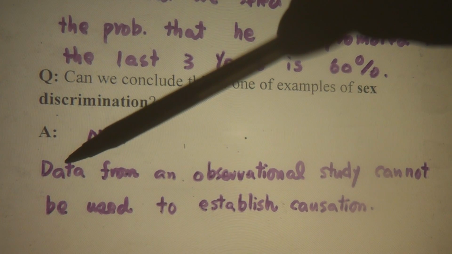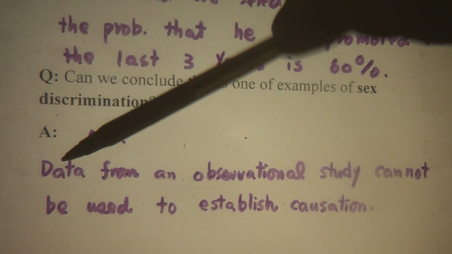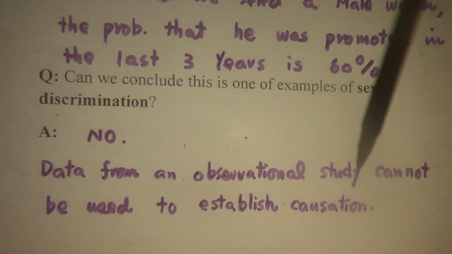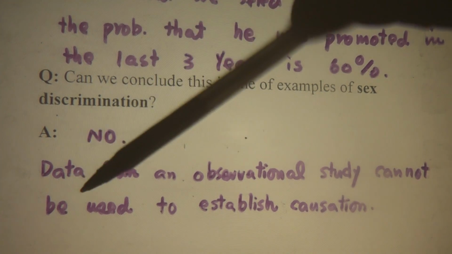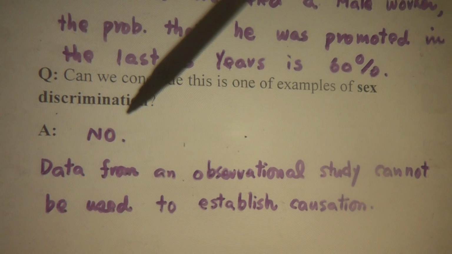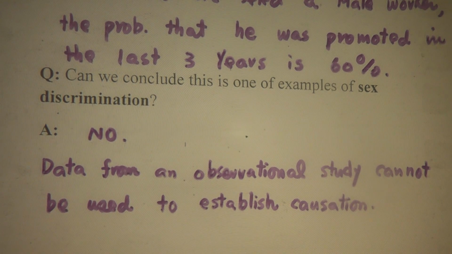The data are collected from an observational study. Data from an observational study cannot be used to establish causation. No matter how strong the association we find in the study, we cannot use the outcome of an observational study to establish causation.